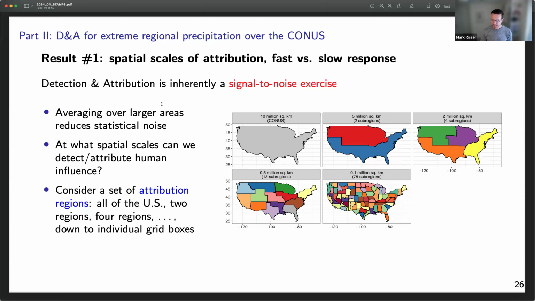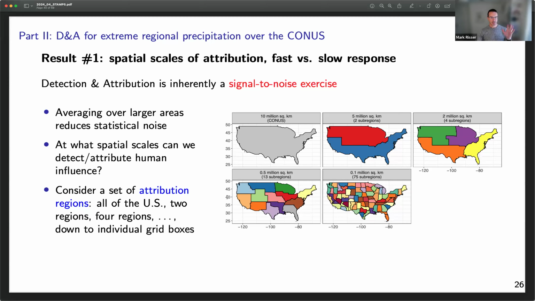And of course, the easiest way to reduce noise, in a large data sense, is to average over larger areas, and that will bring the noise down. But we don't want to average over too large an area, because we want to maintain these local conclusions so we can show what's happening at impact-relevant scales. So the first thing we looked at was at what spatial scales we can detect and then attribute the human influence to these different forcing agents.